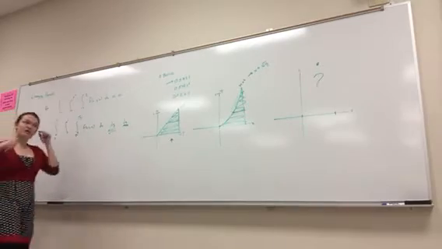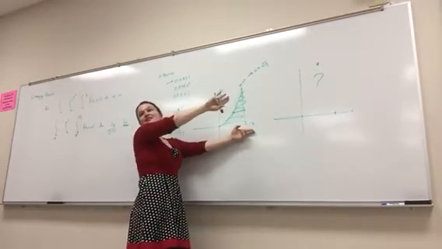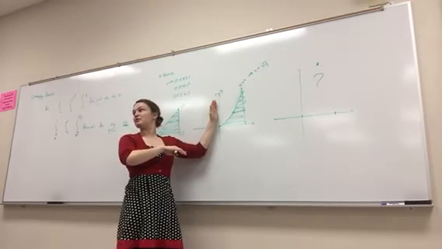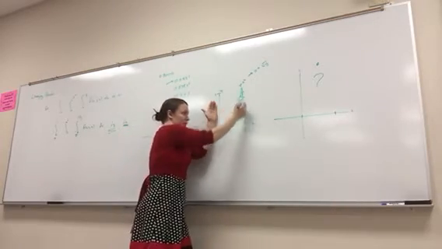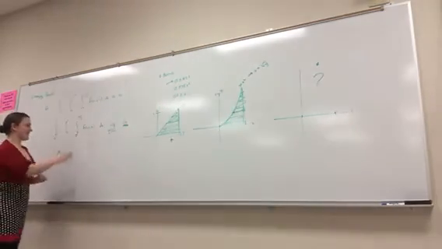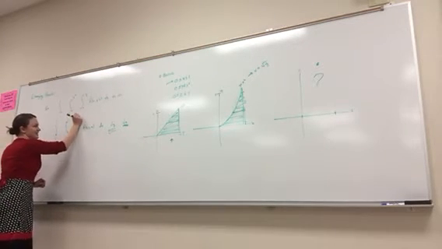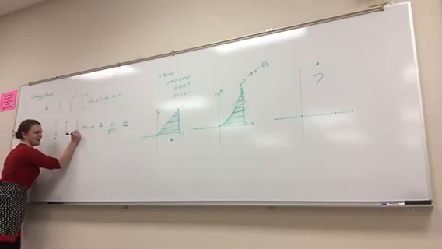So when we talk top with x, we're talking about which one is the greatest distance away from x equals 0, which would be 1. And the bottom one, square root y.